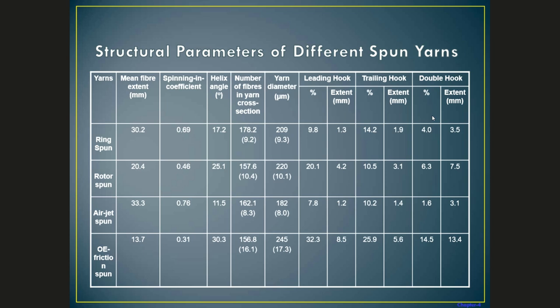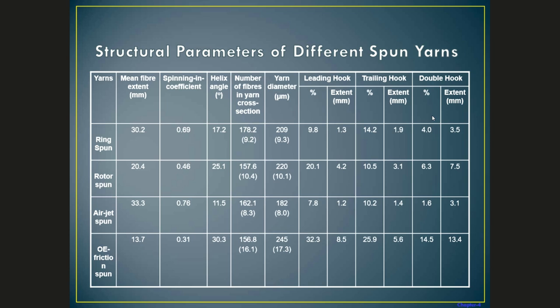The worst situation that you are finding is in the case of the OE friction spinning system. The way fiber consolidation is taking place in the OE friction system, definitely it is not providing a good structure. This is one of the worst structures that we have noticed among all spinning systems.